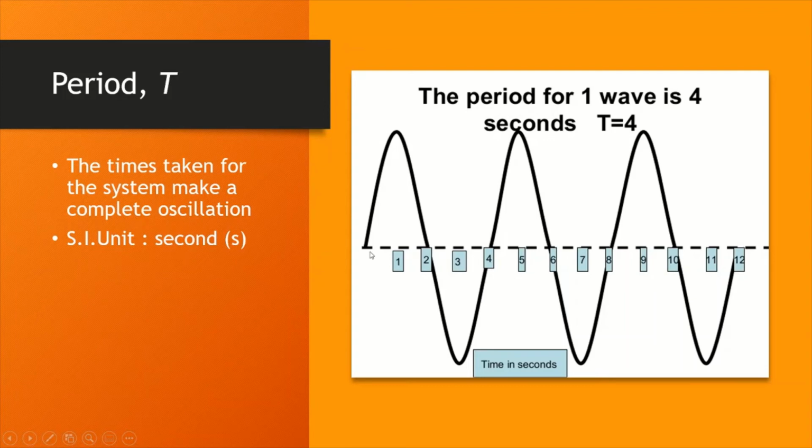If the x-axis is a time axis, from this equilibrium position to this equilibrium position is one complete oscillation. You see it is 4. So the period is 4 seconds. Another complete oscillation, see here, is 8. So 8 minus 4 is also 4 seconds. So for this graph, the period is 4 seconds.